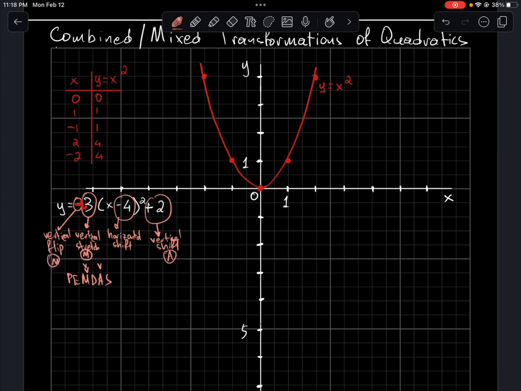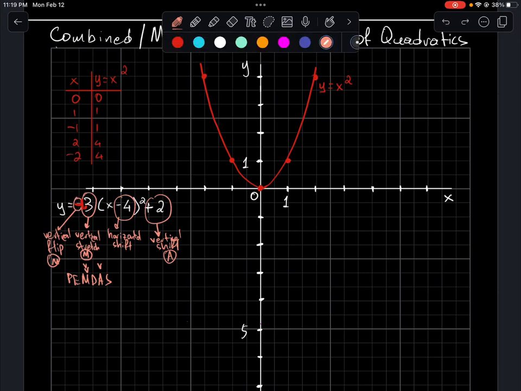That means I have 2 multiplications and 1 addition on the vertical transformations. Those need to be done in an order according to PEMDAS. So first the multiplications, then the addition. Now, does it matter which multiplication I do first? No, it doesn't matter. So let's do the flip first.